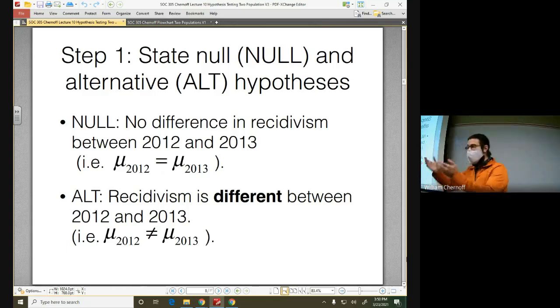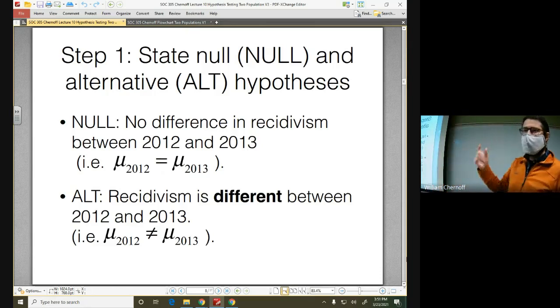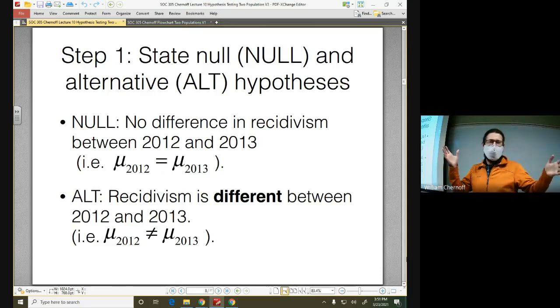And as Cody pointed out, the alternative is that there's going to be some kind of difference. Here I'm just doing a two-tailed difference. I'm saying that average recidivism in 2012 differs from the average recidivism in 2013 in some way. Maybe it went up, maybe it went down. I'm not being specific about it.